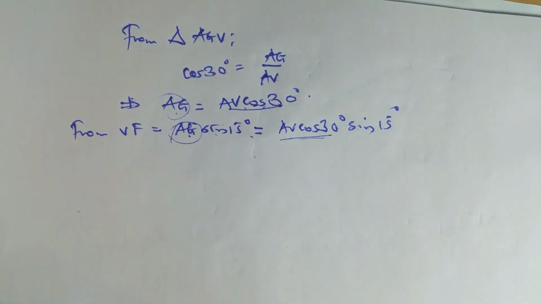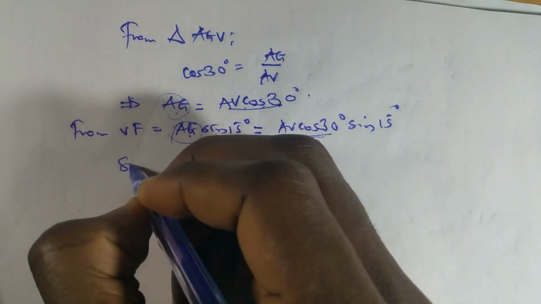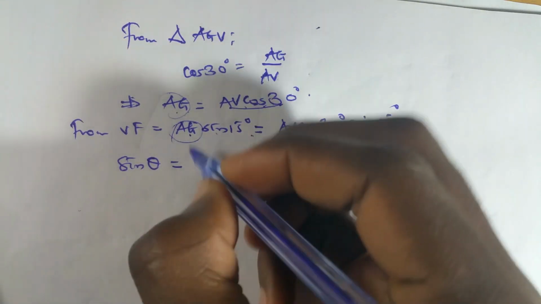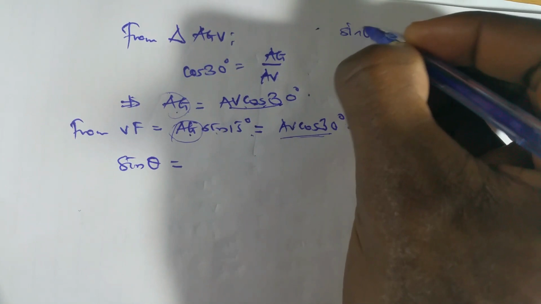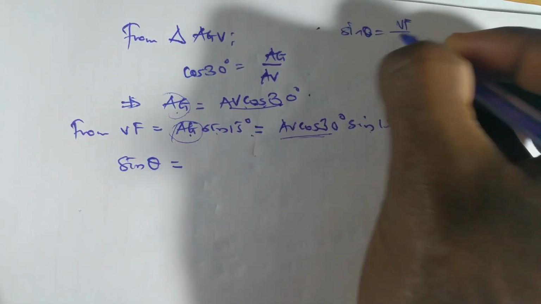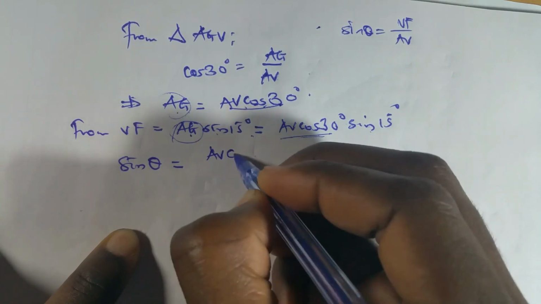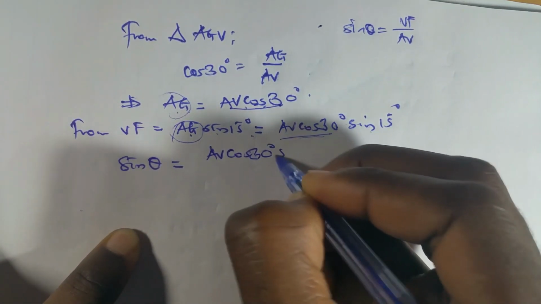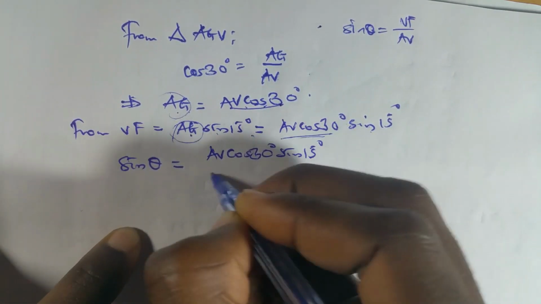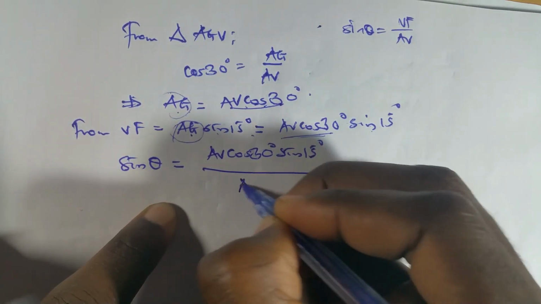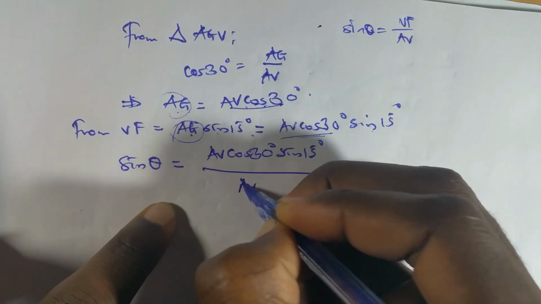Our hypotenuse is AV. Let's say sine theta will be VF out of AV, remember we got that sine theta was VF out of AV. So we have our VF as AV cos 30 degrees sine 15 degrees. Out of that AV, we can see that AV is going to cancel out.